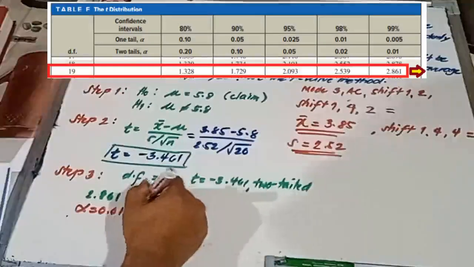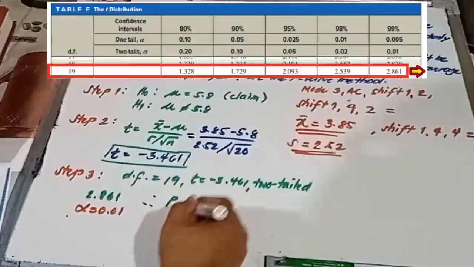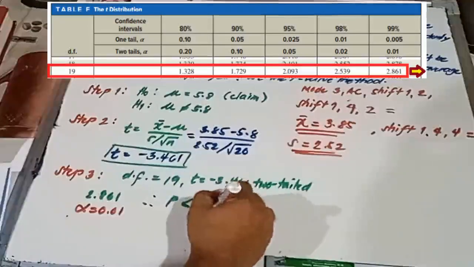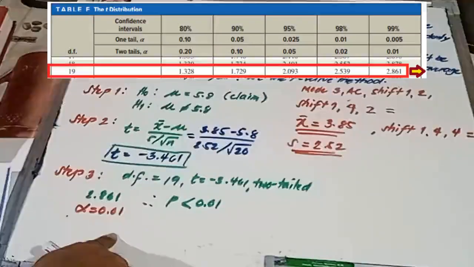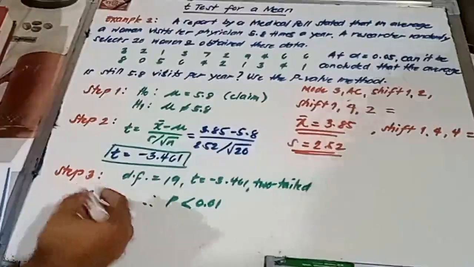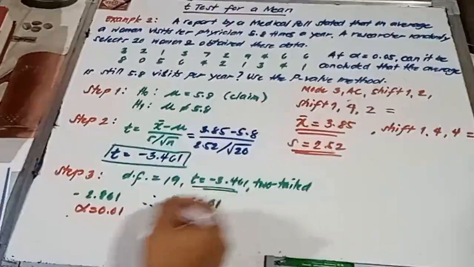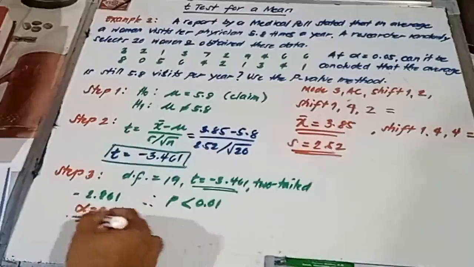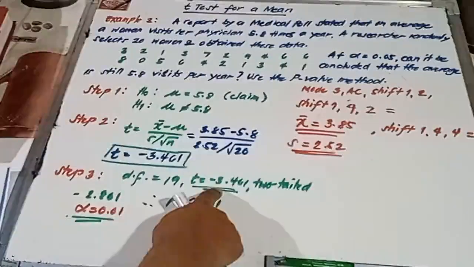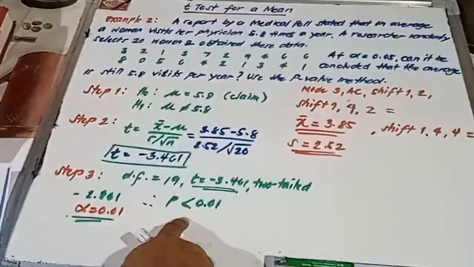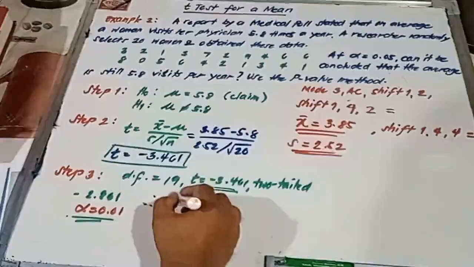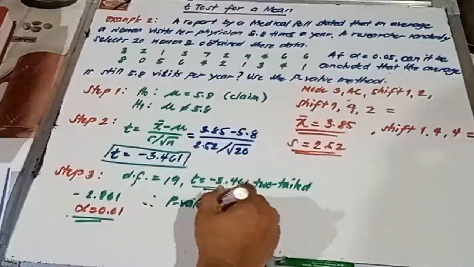Therefore, ang ating probability value is p-value less than 0.01. Okay? Mas mababa pa. Kasi paliwanag ko lang, ang t-value ng alpha 0.01 is negative 2.861. So, nasa kanan pa siya. Nasa kanan pa yung area o probability value natin ng 0.01. Okay? So, probability value is less than pa sa 0.01.